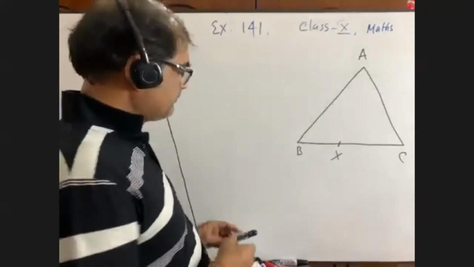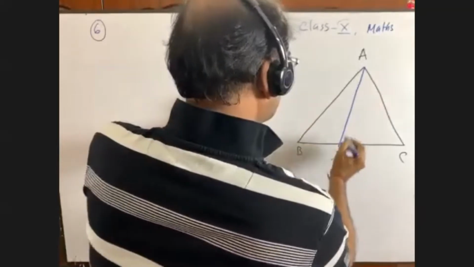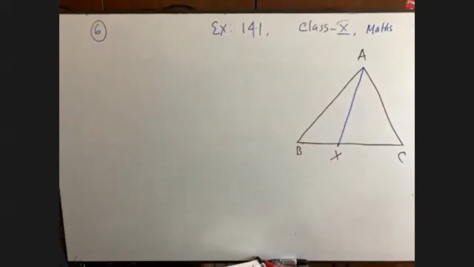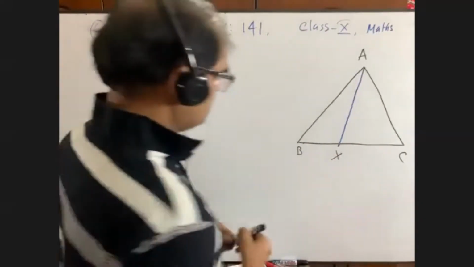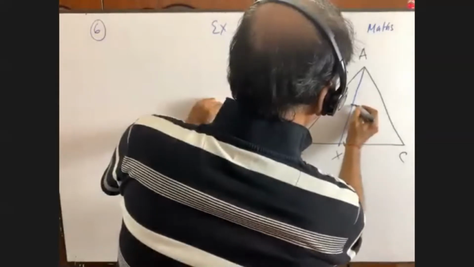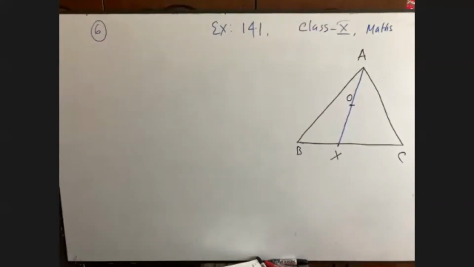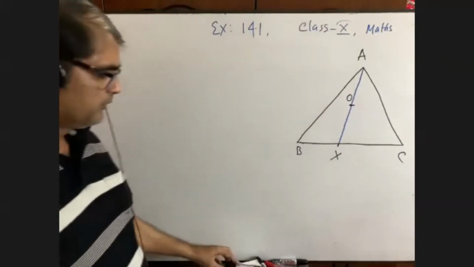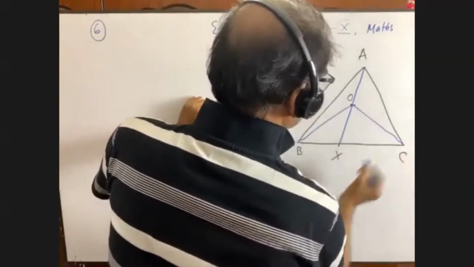Now A and X have been joined. It is also told that O is any point on AX. And BO and CO are joined.